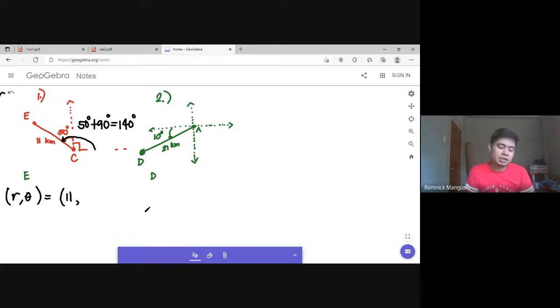So gagawin mo lang dyan, it's just a ratio. Naglo-lowest term ka lang dito. So ang angle na 140 degrees must be converted into radian. So 140 degrees, multiply that to pi over 180. Okay, makakancel na yung degree symbol na yan. And you have pi, 140 divided by 180 is 7 over 9.